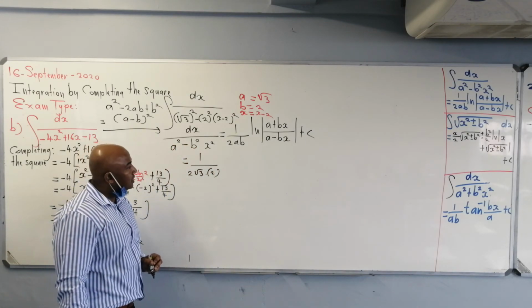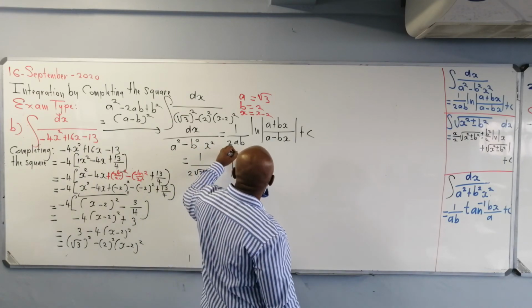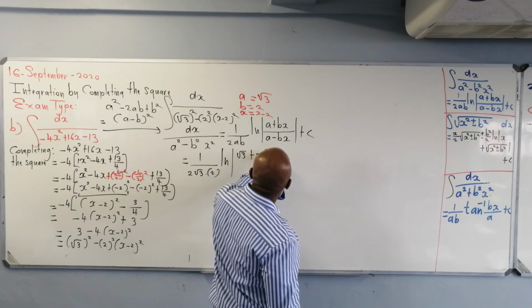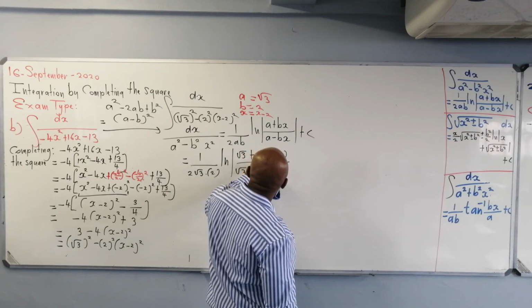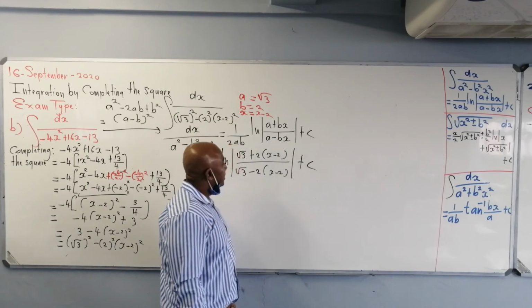Natural log, absolute value of a plus bx, so that's going to be square root 3 plus 2 times x minus 2, over square root 3 minus 2 times x minus 2, plus c.